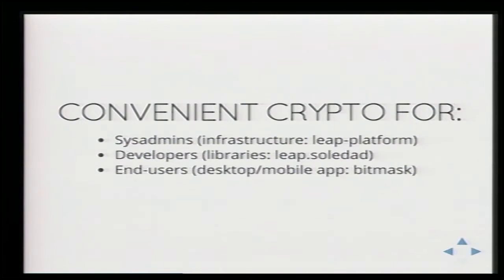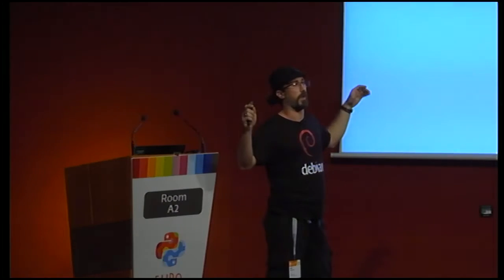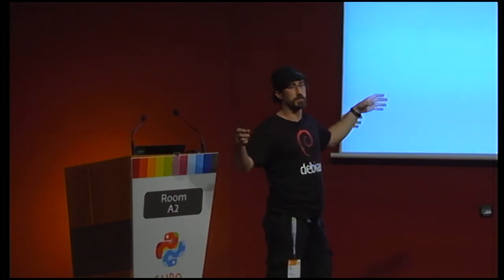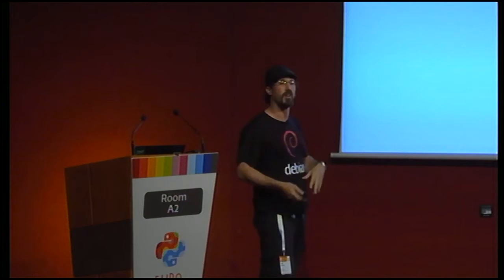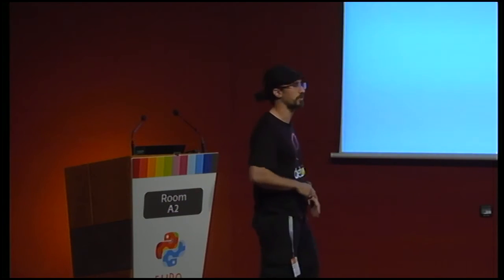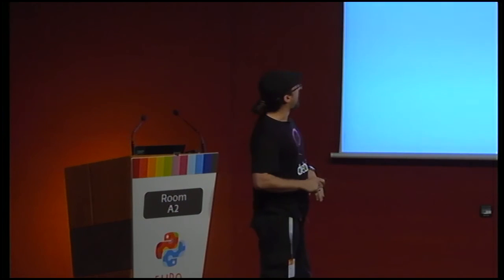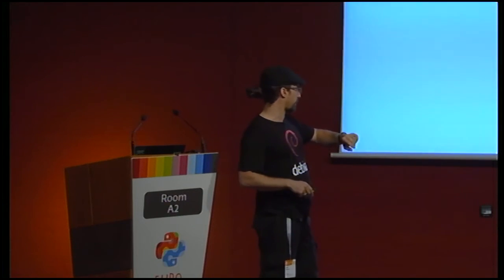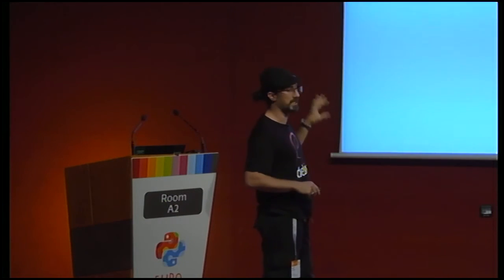This is called the Leap platform, and it's for sysadmins to install systems with properly configured defaults and so on. For mail, we also do VPN, but I'm going to focus on mail here. We are kind of sending some libraries, and I'll get there in the second part of the talk, and we have some desktop application for users.